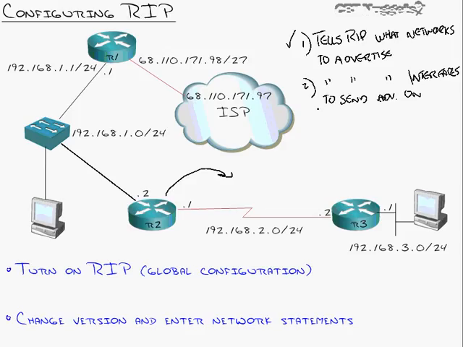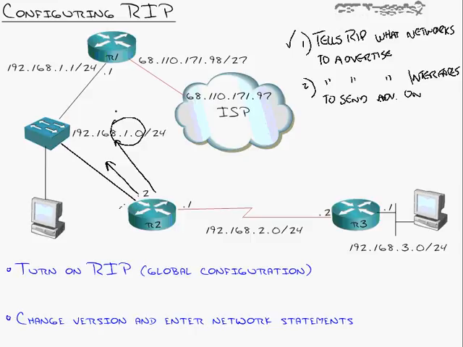Now the second thing is not as easy to understand. Tells RIP what interfaces to send advertisements on. What that means is that when I type in that network command, as of right now, router 2 is only advertising this network, and it's only sending out advertisements out this interface. You see that?